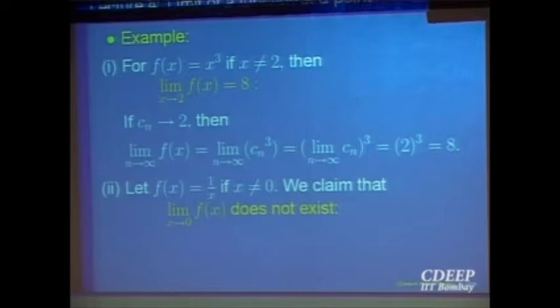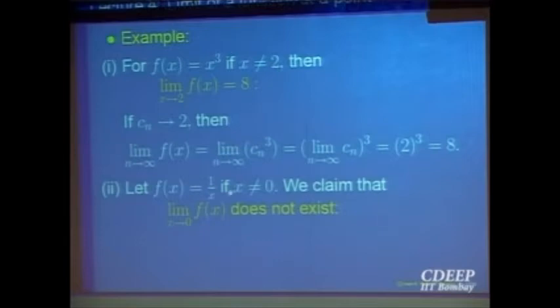If I want to say that this limit does not exist, what shall I do? Either I produce at least one sequence Cn which converges to 0, but f of Cn does not converge, or produce two sequences Cn and Dn both converging to 0, but f of Cn converges to one limit and f of Dn converges to some other limit.